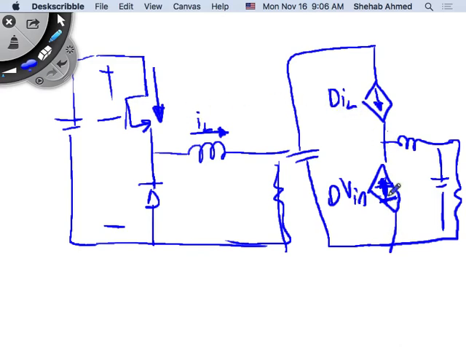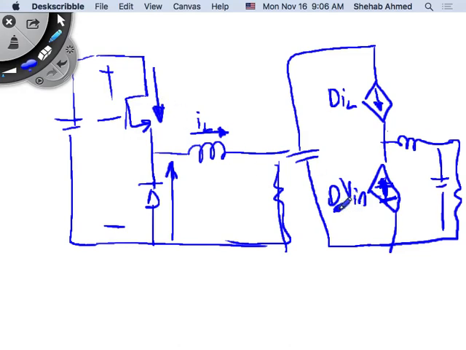And then the voltage across here. When this diode is on, the voltage is 0. When is this diode on? In the 1 minus D time. When is it off? Off is when I see a voltage, when the switch is on, during the on time of the switch.